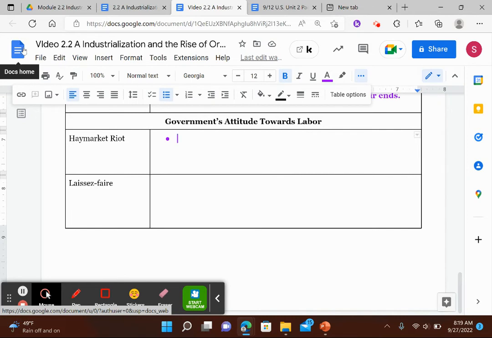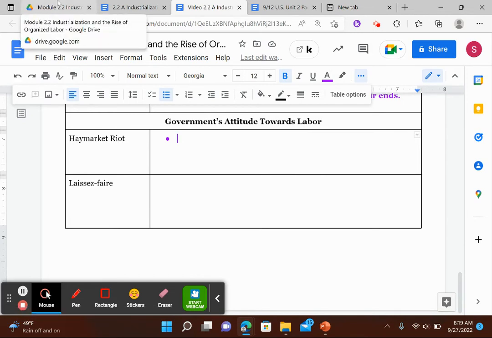Labor leaders were blamed for the Haymarket riot. It became a major setback for the organized labor movement. The riot confirmed to government officials that unions were bad for the U.S. economy and were being led by anarchists. The incident supported government leaders' belief that business needed protection and unions were to be opposed.